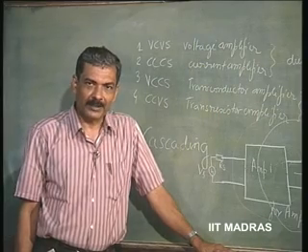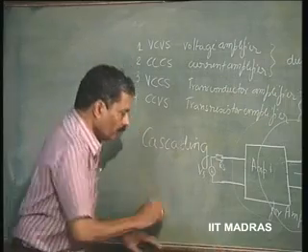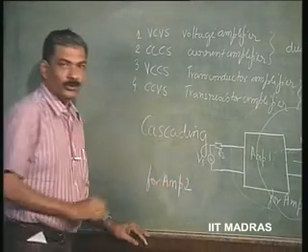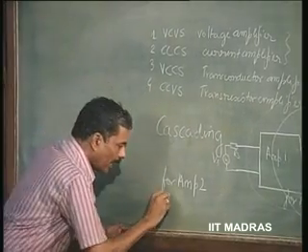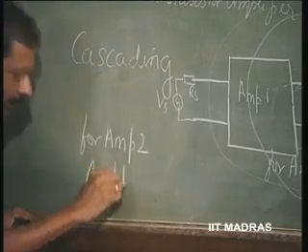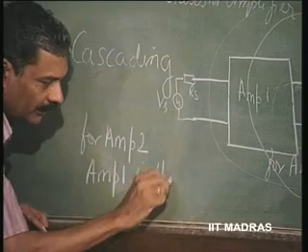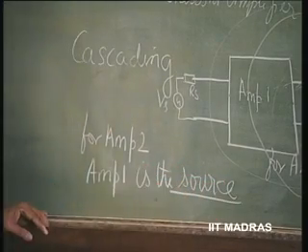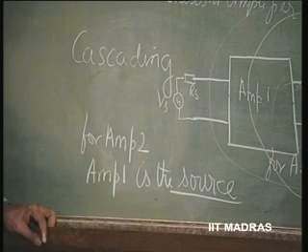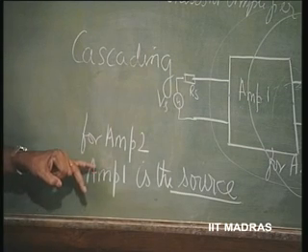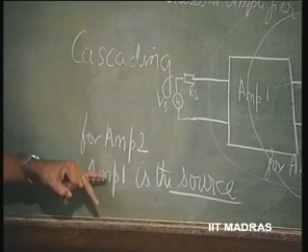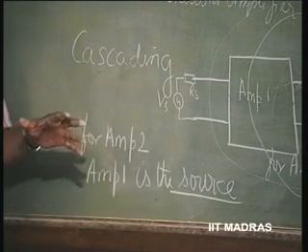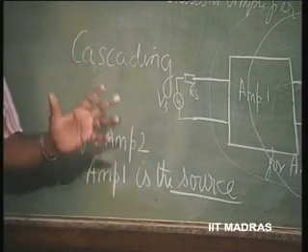It can be an amplifier. So, for amplifier 2, amplifier 1 is the source. That means I should be capable of representing amplifier 1 output as a source, voltage source in series with the resistance, or current source in shunt with the resistance, that is all.